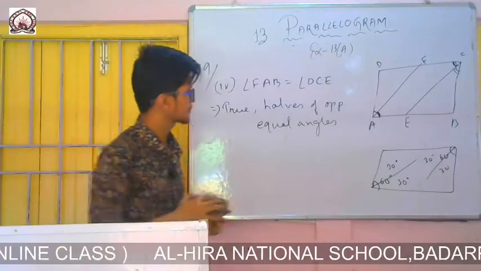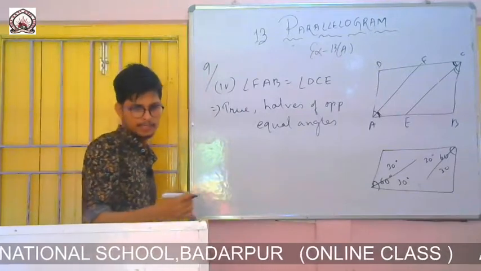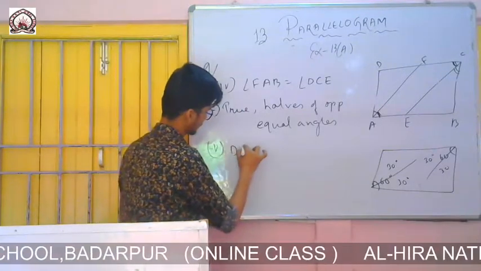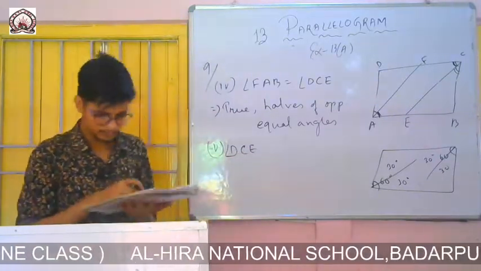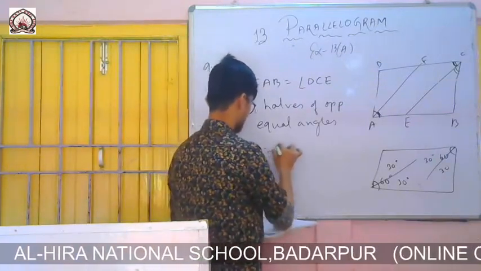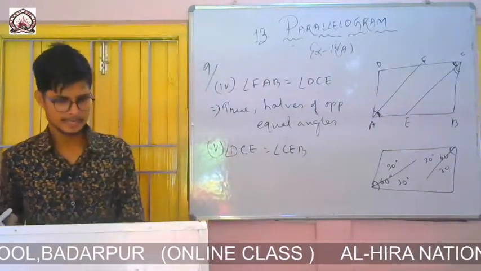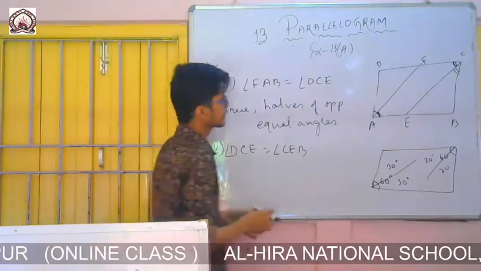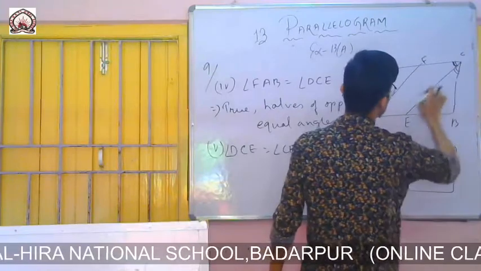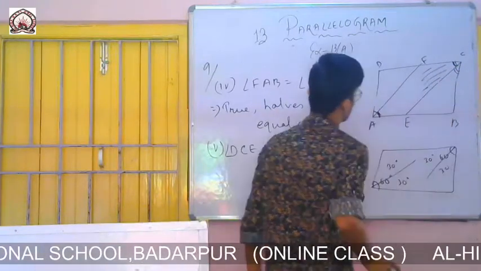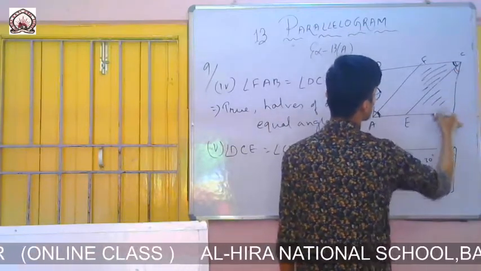Now Roman number 5. It is given DCE equals angle CEB. DCE, this part, is given equal to angle CEB, this part.